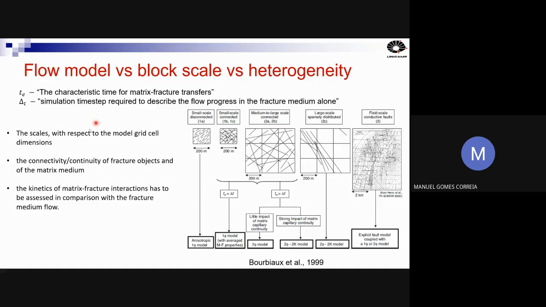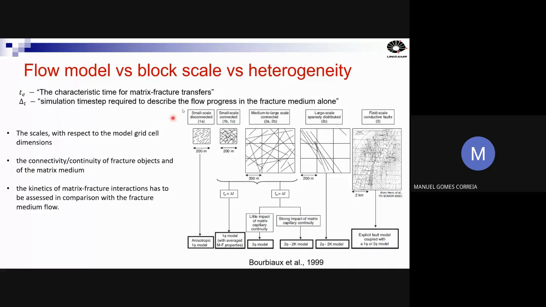The scale is very important: the fracture scale compared to the grid block, the connectivity between fractures, and the kinetics of matrix fracture interactions compared with the fracture medium flow that I'm going to talk about.